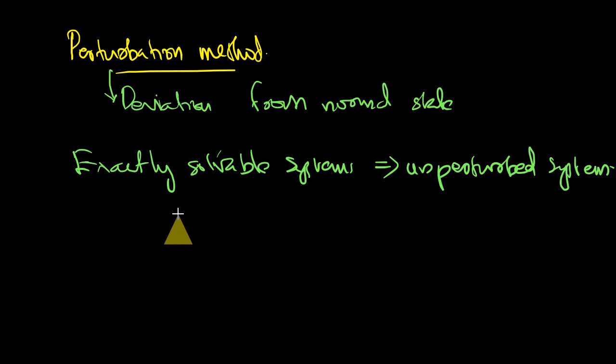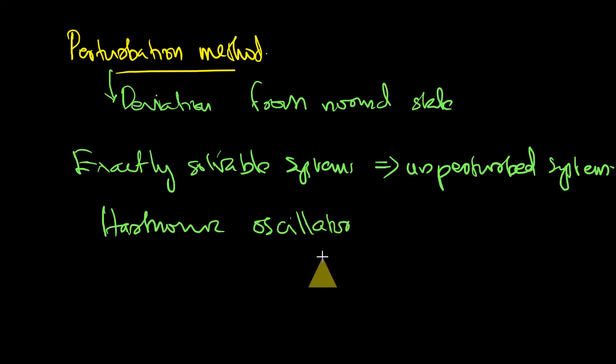We can take an example, and then you will understand what is meant by perturbation. For example, we are considering a harmonic oscillator, and we have already learned the quantum mechanical treatment of the harmonic oscillator.